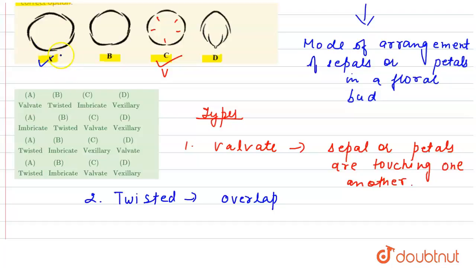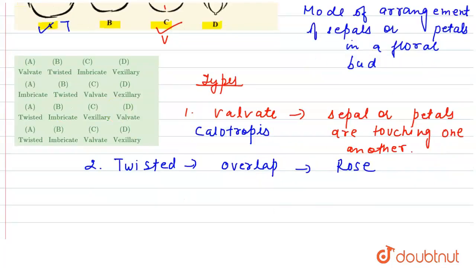So this is the twisted one. This type is seen in the rose, and the example of the valvate one is the calotropis.